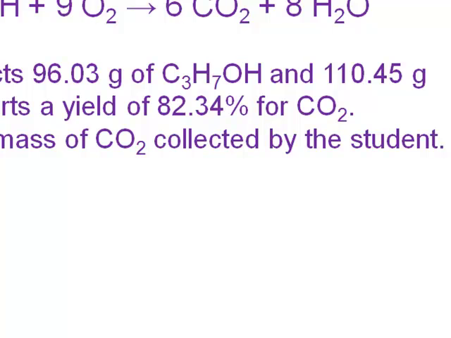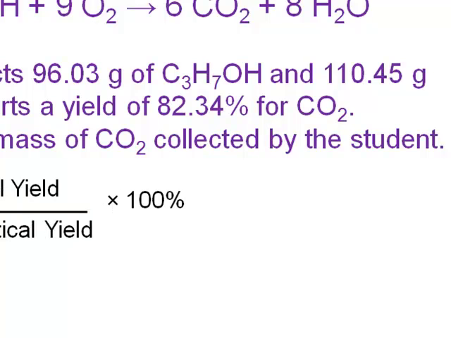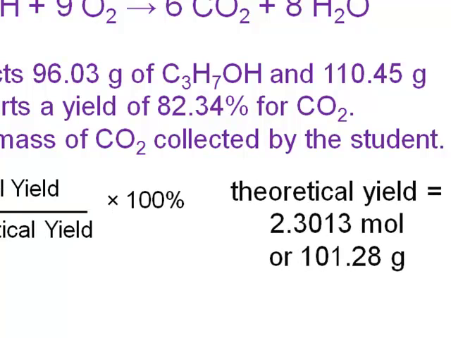Okay, if a student reports a yield of 82.34%, we can calculate the mass of CO2 collected by this student. So we've got these amounts here, same amount as before, so 82.34%, we can use our percent yield calculation.